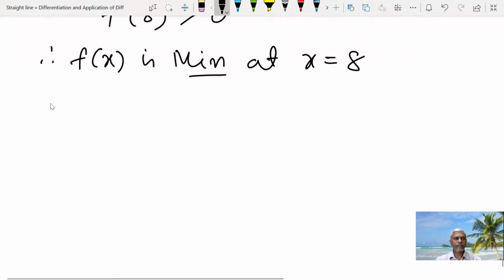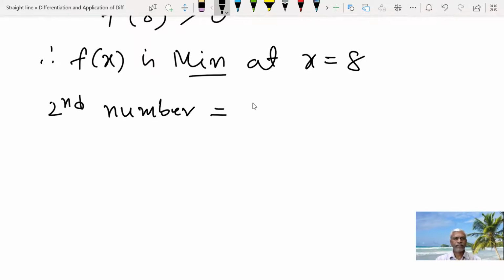Therefore, the second number, 16 minus x, 16 minus 8 is 8.